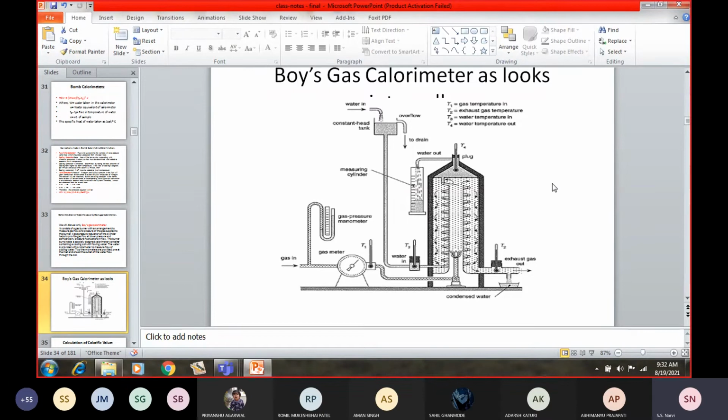So the time required for cooling and rising the temperature is large. Here you can see the water enters here, gets circulated here and comes out, isn't it? So the time required is small, and it is very well insulated also. Therefore the time required for cooling or transferring the heat to the surroundings is minimum, isn't it?